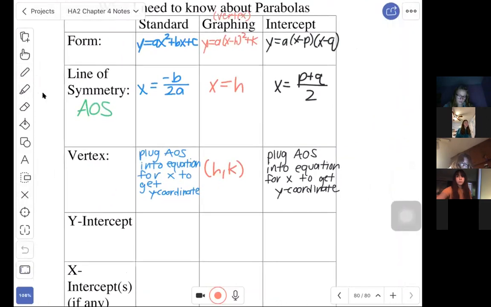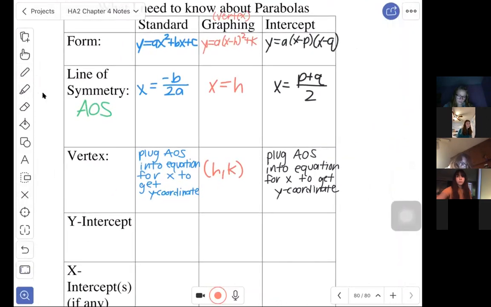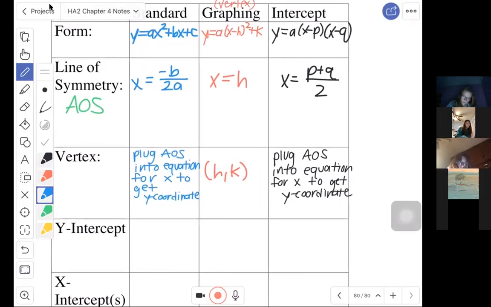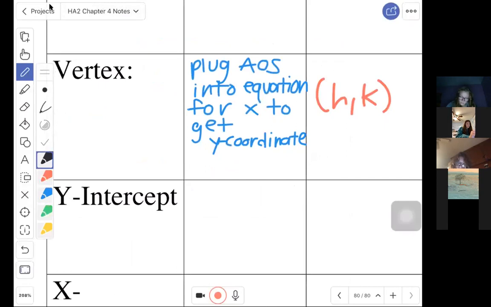Now y-intercept. Going in the same order for standard form. What is our y-intercept going to be? Grace, what is our y-intercept going to be for standard form? Don't we just make the y equal to, I meant the x equal to 0? Yeah, so our x is going to be 0 when we're finding that y-intercept.